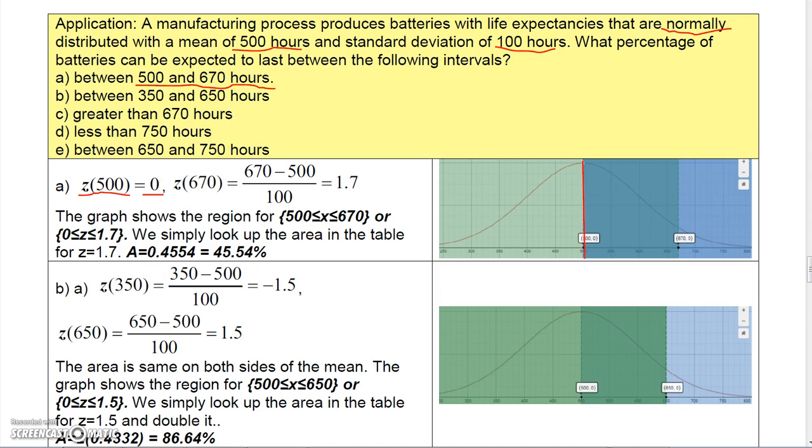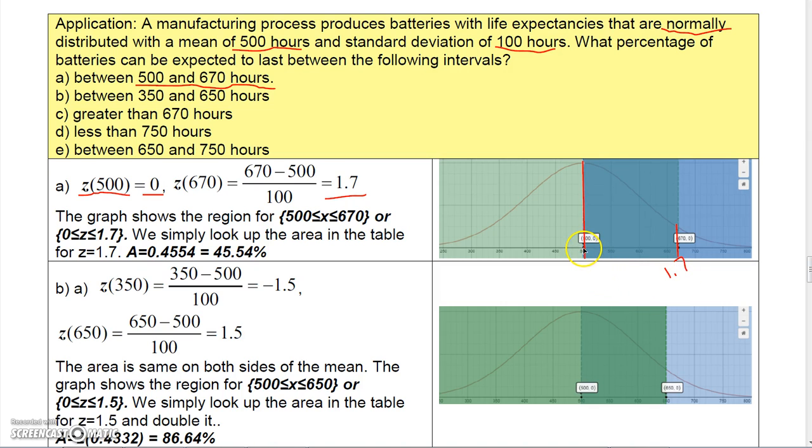Well, 670 corresponds to a Z-score of 1.7. Remember, you take 670 minus the mean divided by the standard deviation, and I get 1.7. So 670 would correspond to a Z-score over here at 1.7.